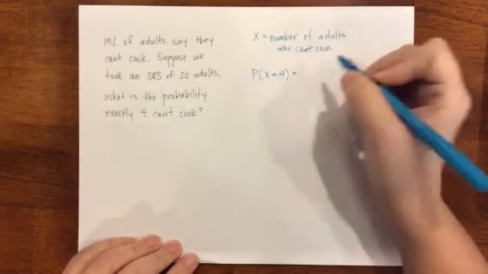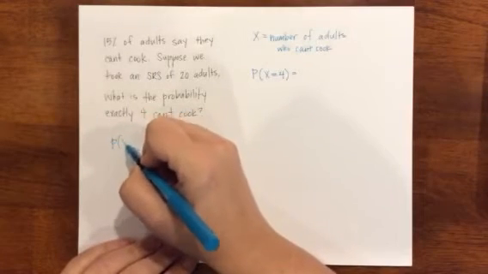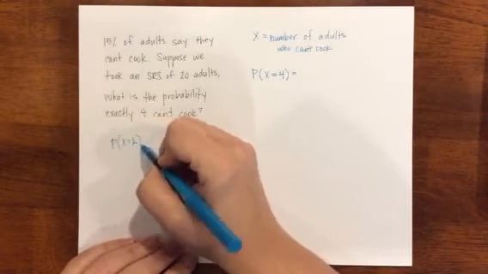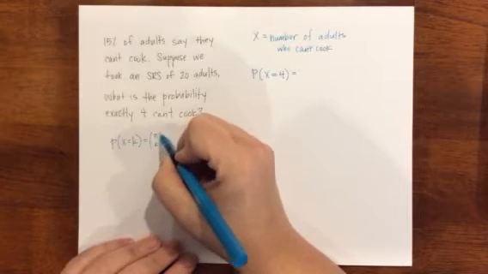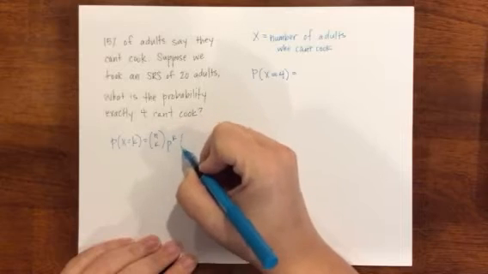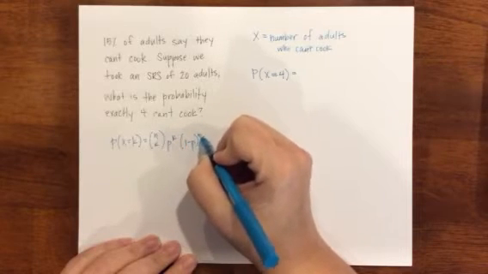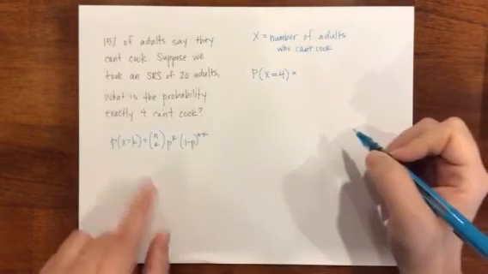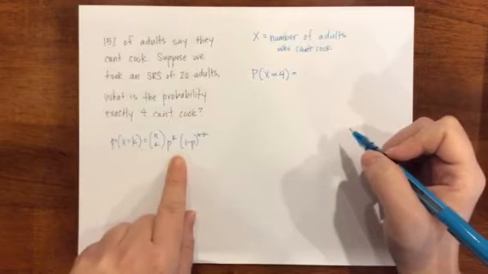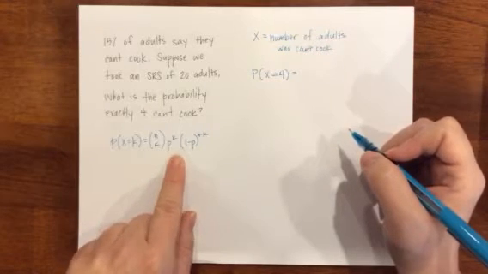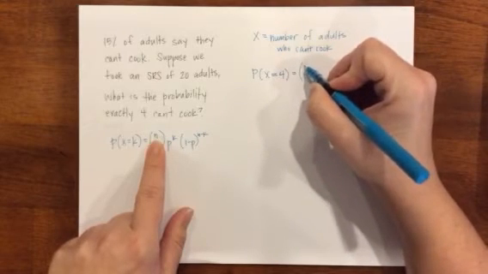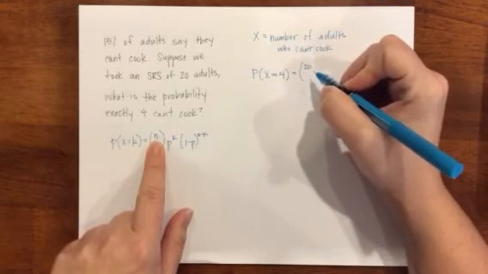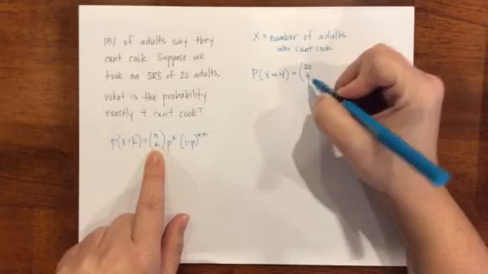The formula for binomial probability is P of X equals K equals n choose K, p to the K, 1 minus p to the n minus K. This is in your AP booklet. You do not have to memorize it. Let's go through this slowly. n is the sample size, and we said earlier that our sample was 20 adults. We want to choose 4 that can't cook.